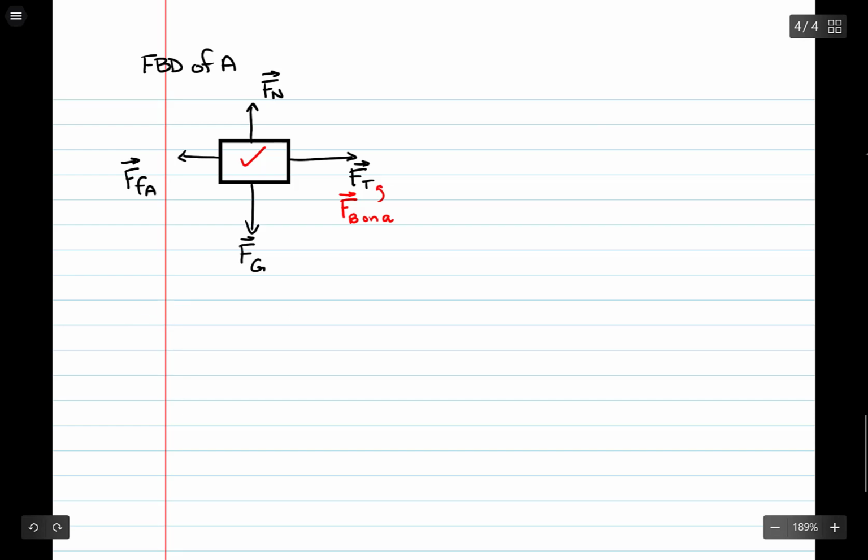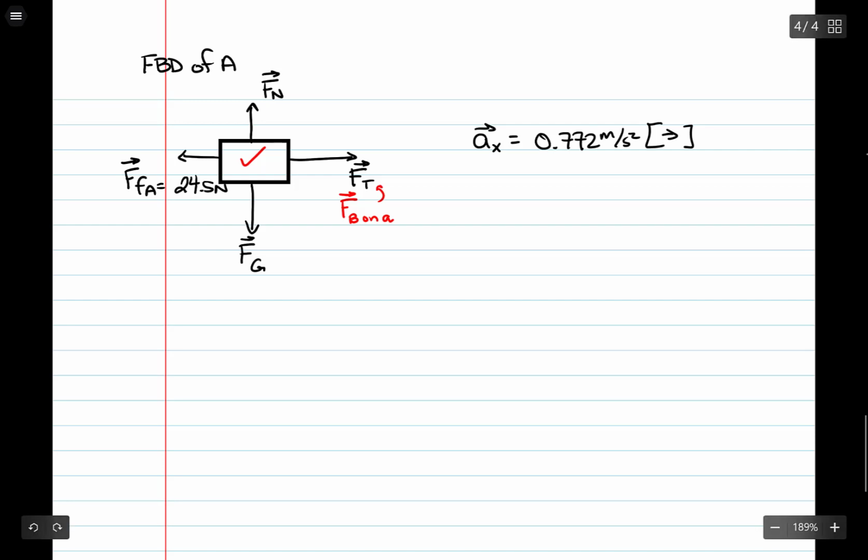Okay, so if I look at that, I know the acceleration in the x direction of 0.772 meters per second squared. That's to the right. If I go back to my work earlier, I found that the force of friction on box A was 24.5 newtons, and it's to the left.